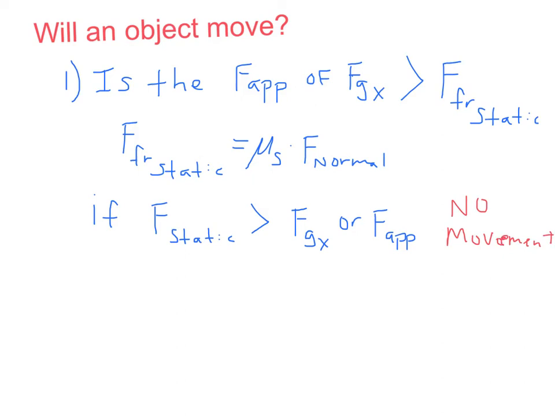Didn't quite get that either. But if we have the opposite, where the force of friction static is less than the applied force, then that means that the applied force is greater, and so in this situation, it will move.